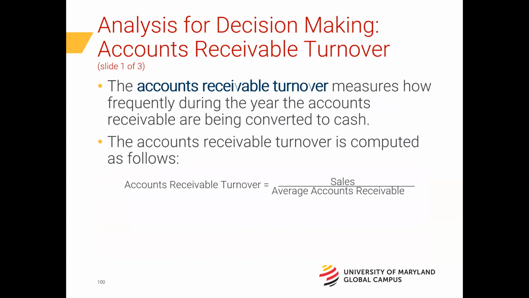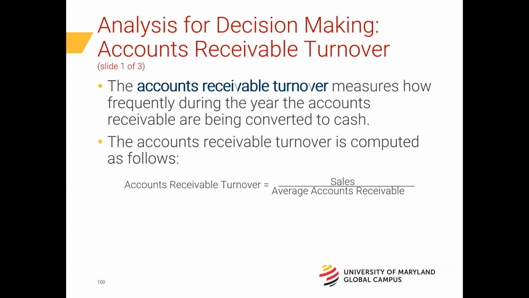Okay, so earlier I had mentioned that it's important for companies to analyze their accounts receivable to understand basically how quickly they can turn that accounts receivable. We call this accounts receivable turnover. Essentially, it measures how quickly I can convert my accounts receivable into cash.